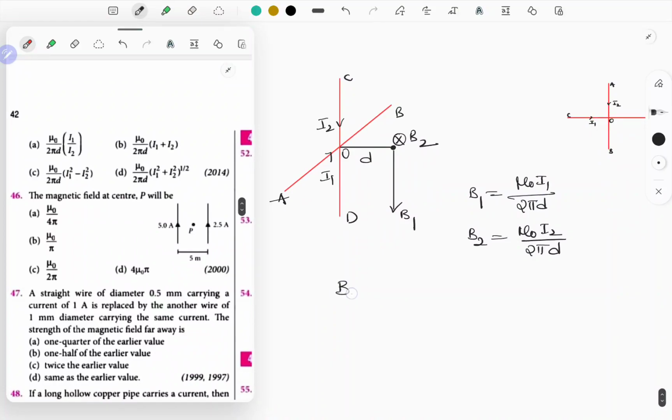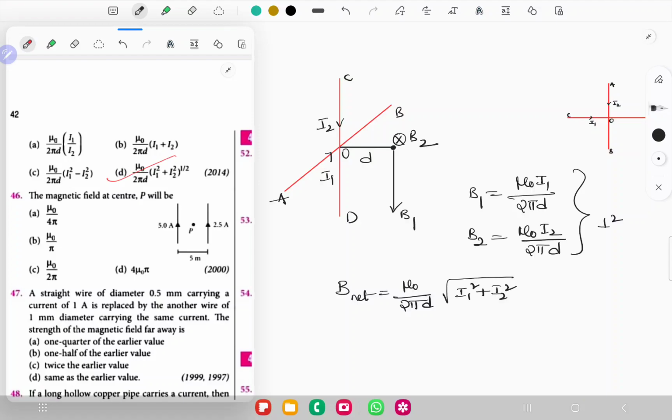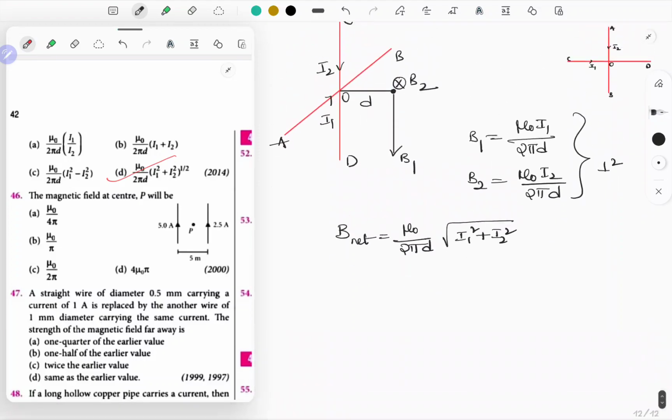As these two are perpendicular, B net is equal to mu naught by 2 pi d, which is common, times root of I1 square plus I2 square. That is the correct answer. Option D is the suitable answer for this question. Understood? Next, question number 46.